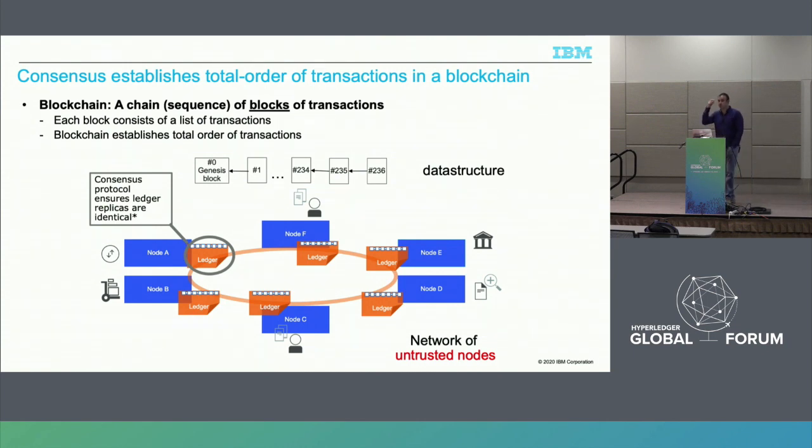So that establishes the global total order. The network is untrusted. We are going to focus on permissioned blockchains, but whatever I'm going to say is applicable to proof-of-stake permissionless blockchains as well. Consensus protocols are those protocols that keep the blockchain data structure identical across the nodes. In Fabric speak, this is the main job of the ordering service.